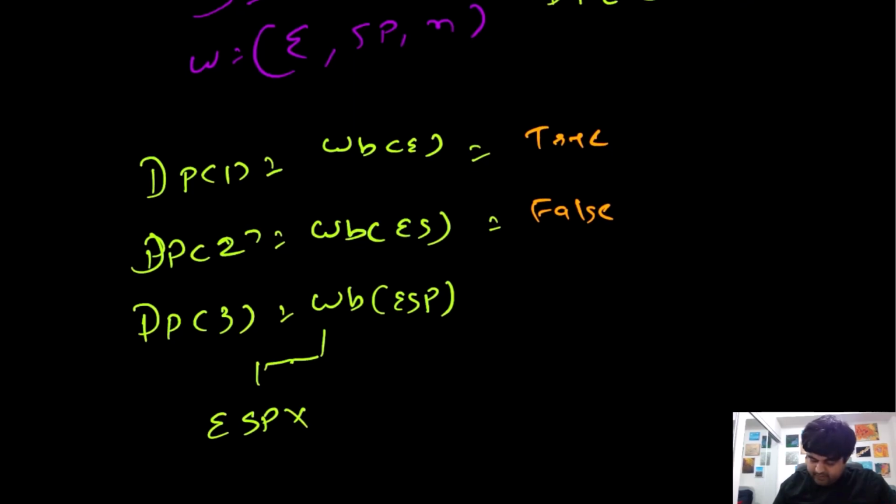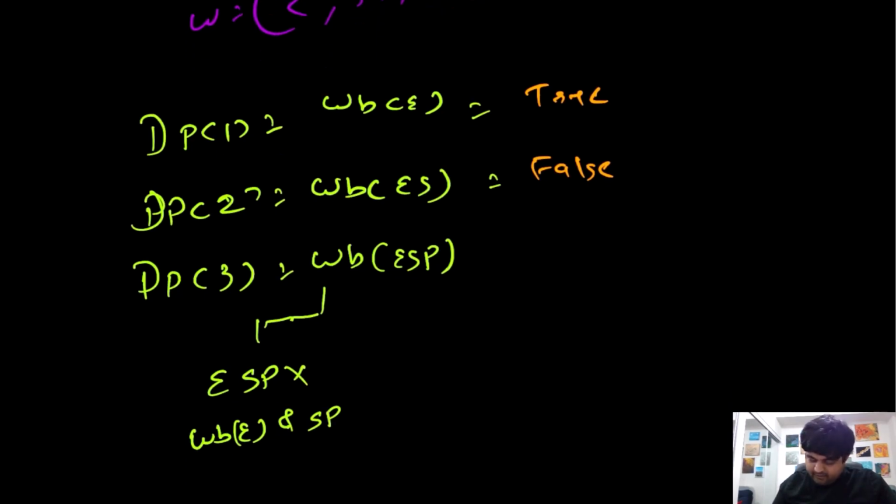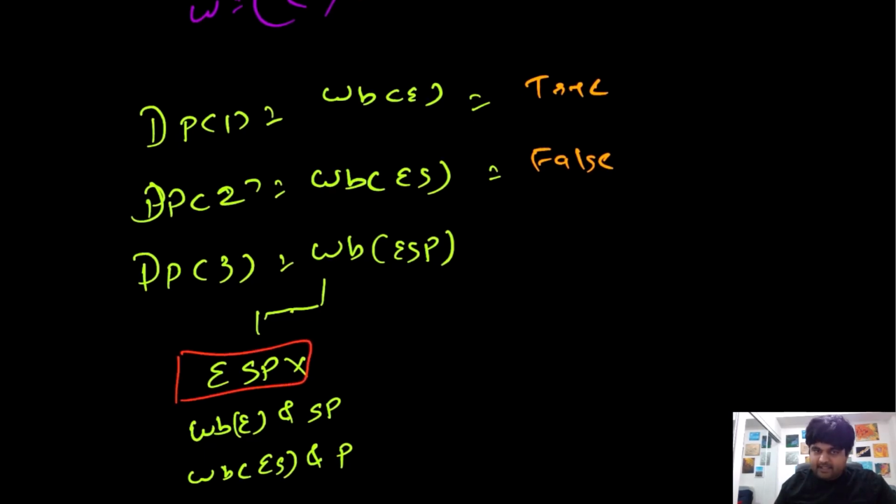Second, we can check whether the word break of e is true and the word sp is present or not. And third, we can check whether the word break of es is true and the p is present. Now the thing is, we already know that the first condition is not true, esp is not present, which means we need to check these two conditions.